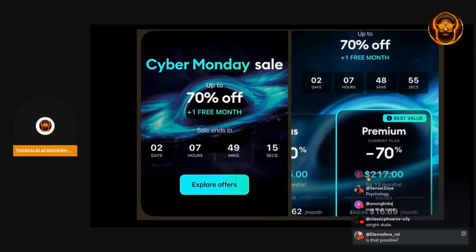TradingView, you can use the free version. Don't pay yet until Thanksgiving. During Thanksgiving, they do a massive sale. So just do the free. The free is fine.